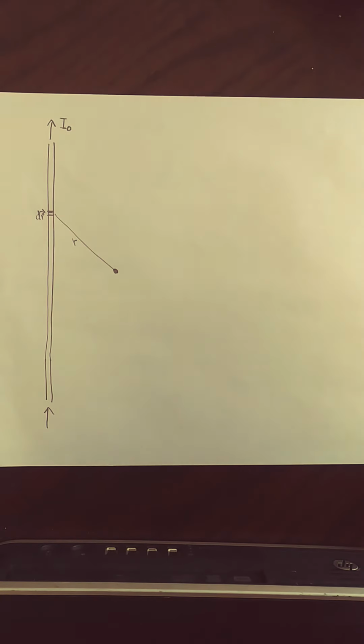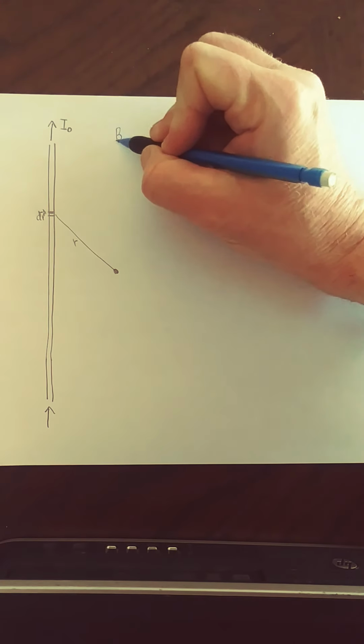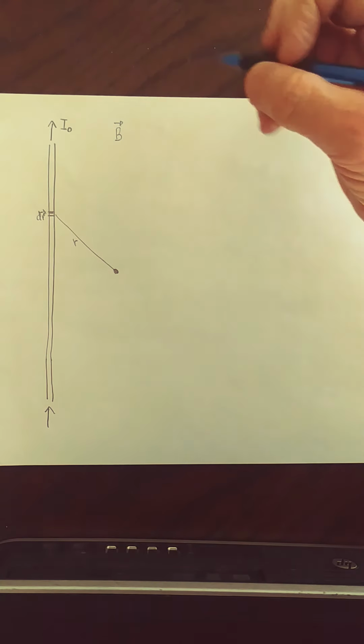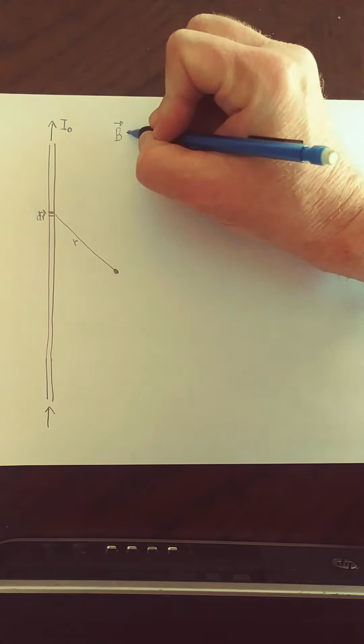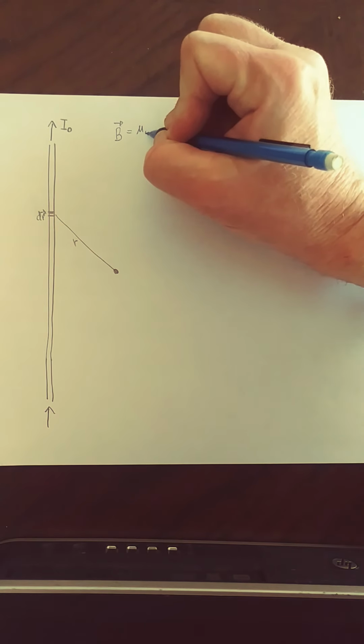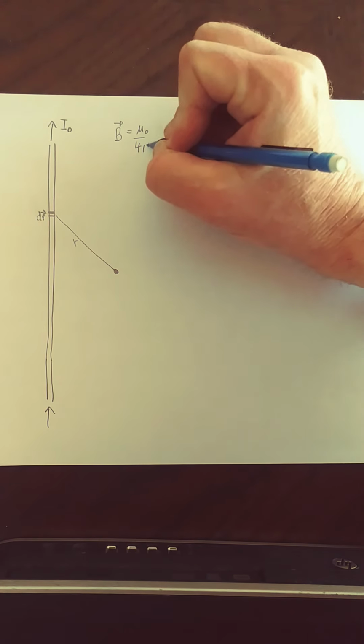We know that the magnetic field decreases as 1 over r squared, and our expression for the magnetic field is given by something we found, or that we imagined finding, experimentally.